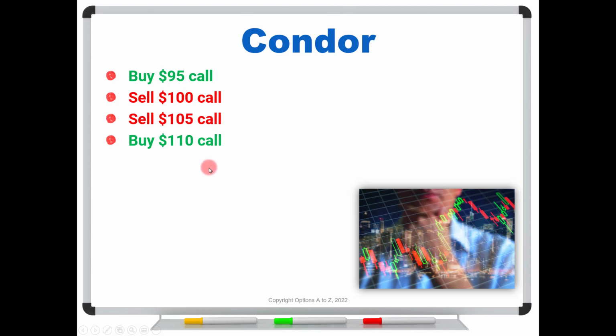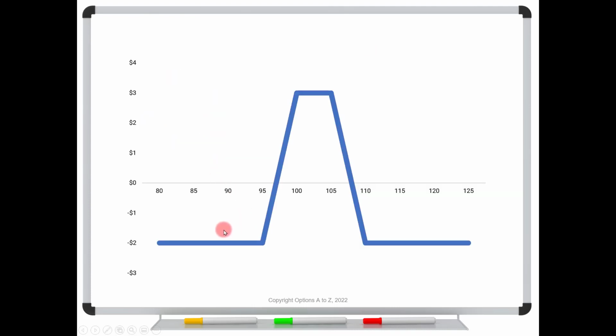And in this example, we would say that you are long the 95, 100, 105, 110 condor. Yes, they have very long names, but we're just simply picking off the strikes in order. Now this is a debit spread, so that's why it's a long condor. So if we put this trade on in our account, this is what we would get for a risk graph.